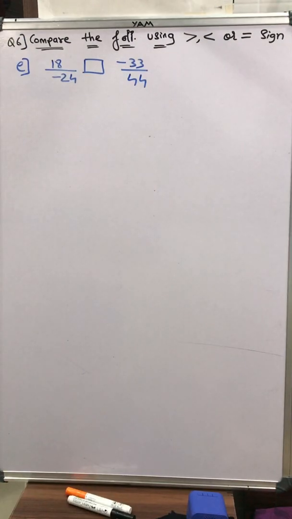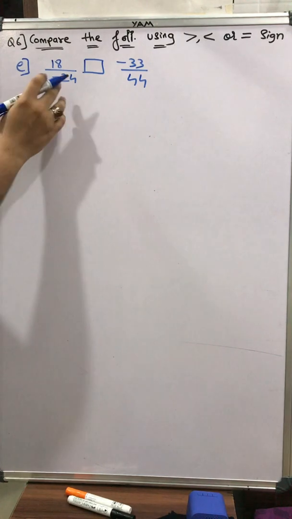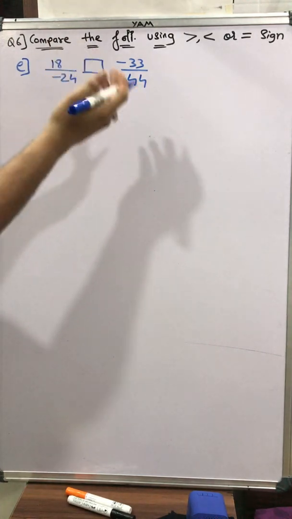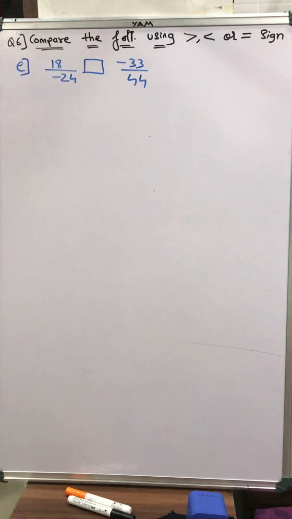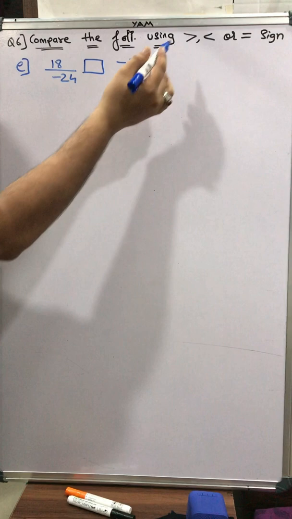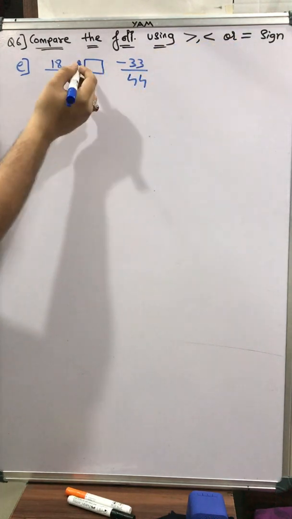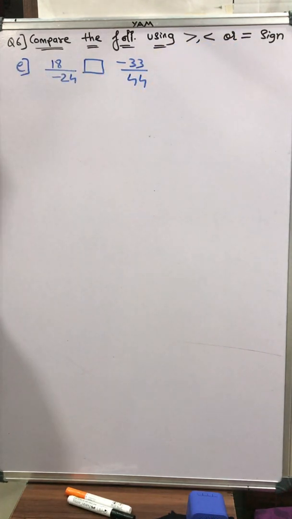So the next question, students, is sub question E. 18 upon minus 24 and the other rational number is minus 33 upon 44. We have to decide whether to put greater than, less than or equal to sign within this. Okay, so let's start.